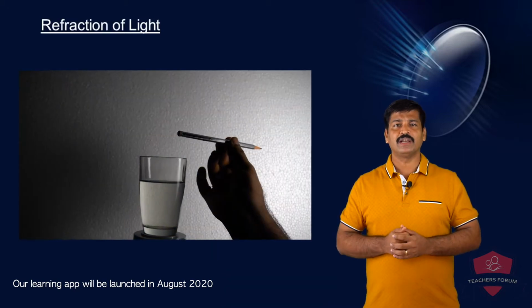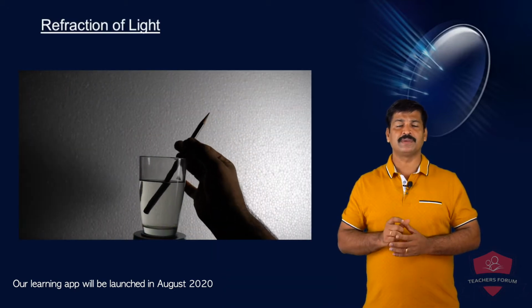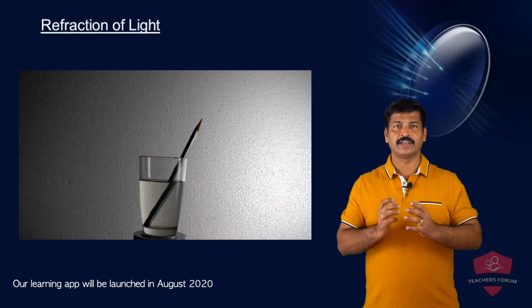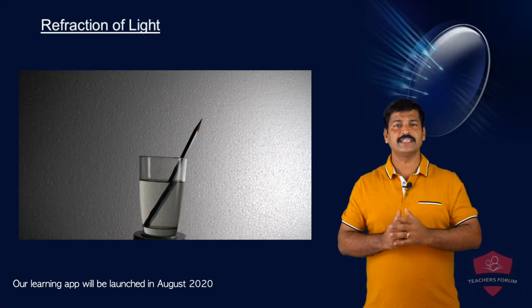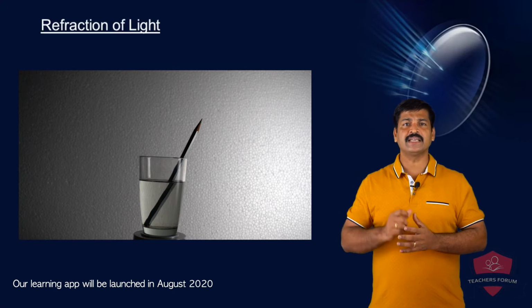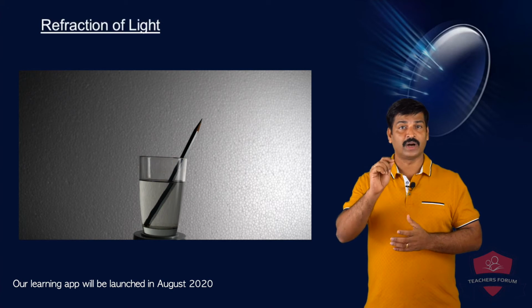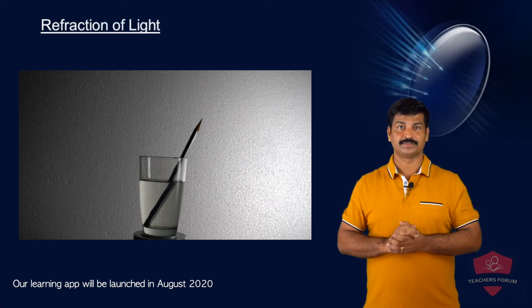If you take a pencil and immerse a part of it in water in a tumbler or a beaker, you can see that the pencil gets displaced at the interface of air and water.